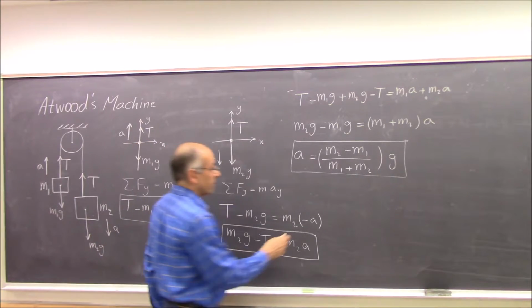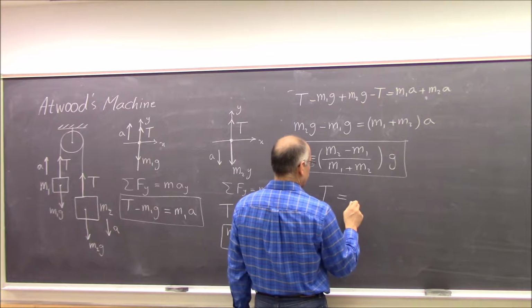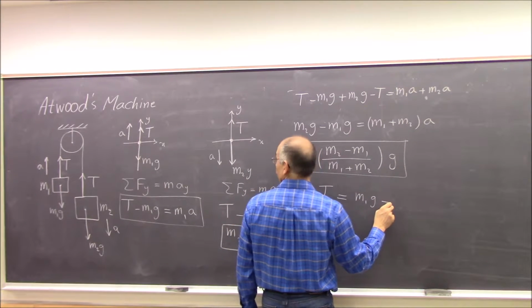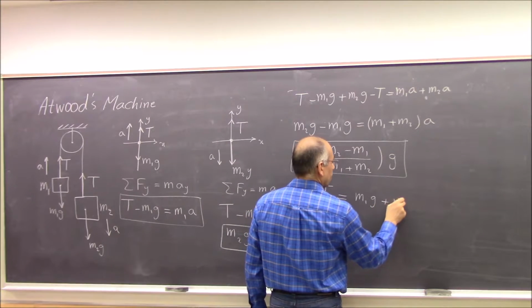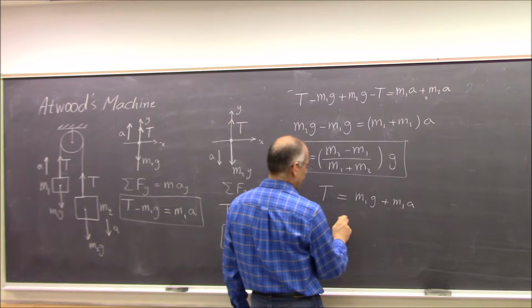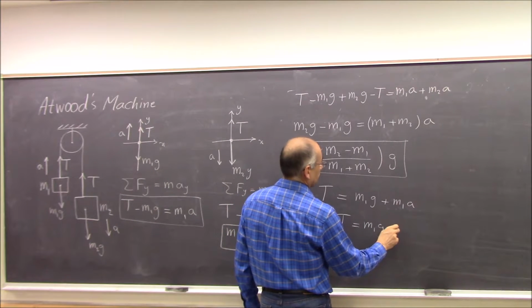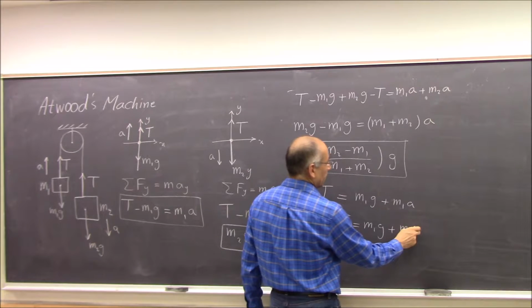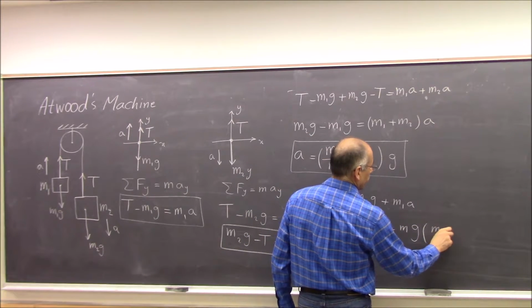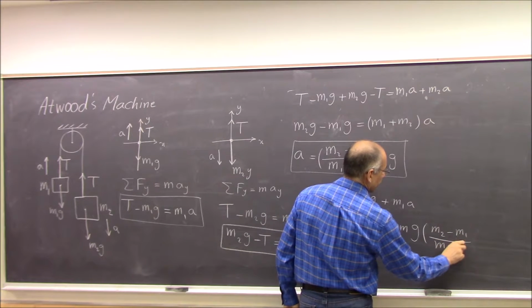If you use the first one, T equals M1G plus M1A, and put A equal to that, T becomes M1G plus M1G times M2 minus M1 divided by M2 plus M1.